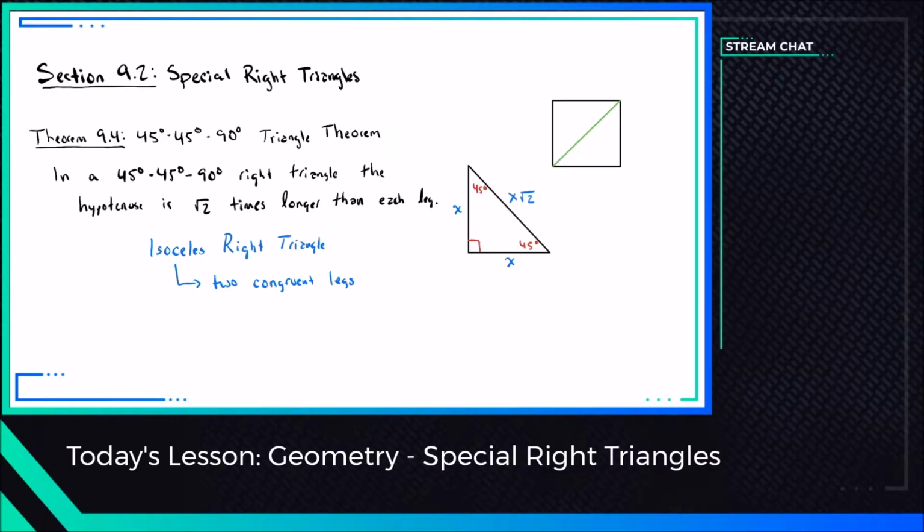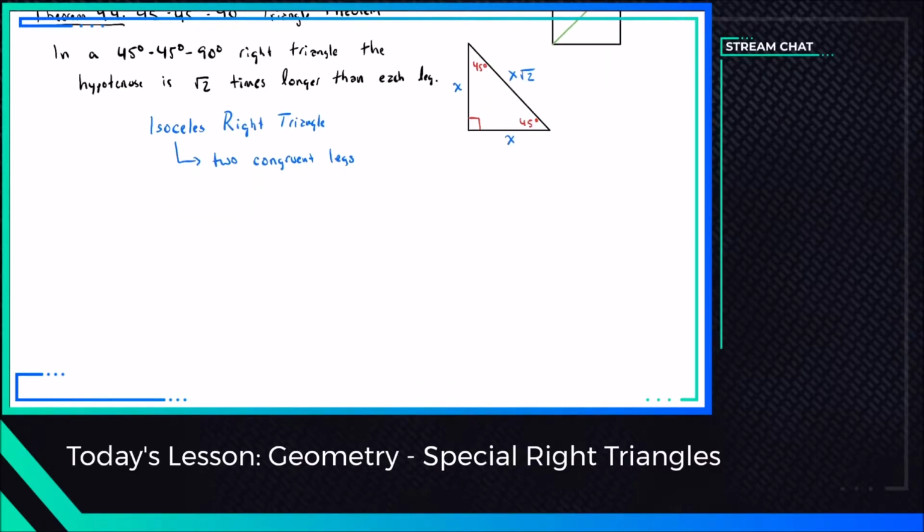All right, so with this bit of information, you can solve some triangles. And when I say solve triangles, I mean find some missing legs, find some angle measurements, that sort of deal. So I want to find the value of x on both of these triangles.